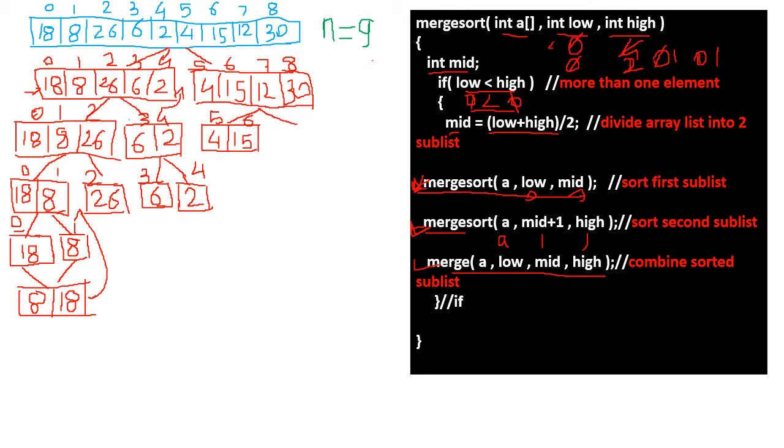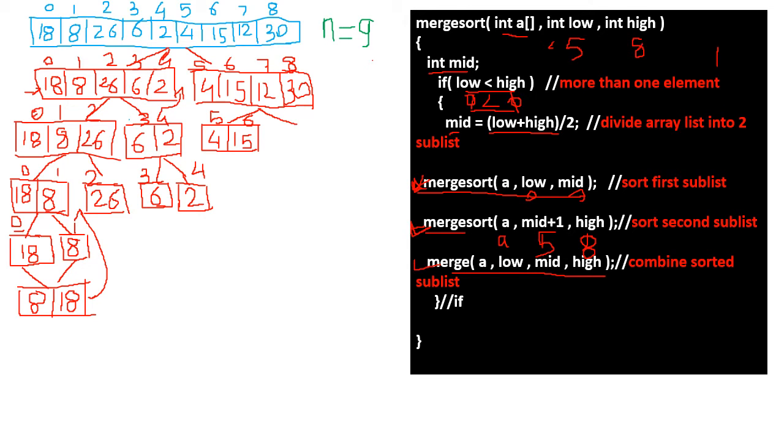The low value is mid plus 1, that is 4 plus 1, which is 5, and the high value is 8. So the values passed are low 5 and high 8.